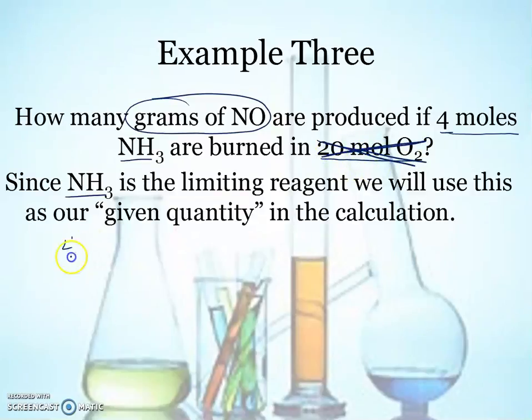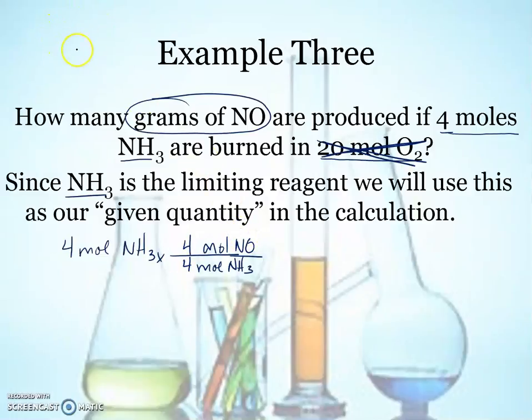Okay, so we use 4 moles of NH3. And we go from moles of NH3 to moles of NO. Nothing new here, right? We're good. 4 and a 4 ratio, right? You have it written down on your paper. Okay, and then we go from moles of NO to grams of NO because we're looking for grams, right?